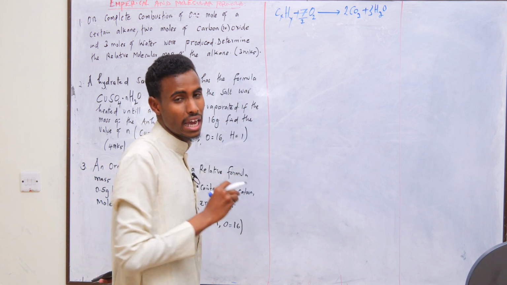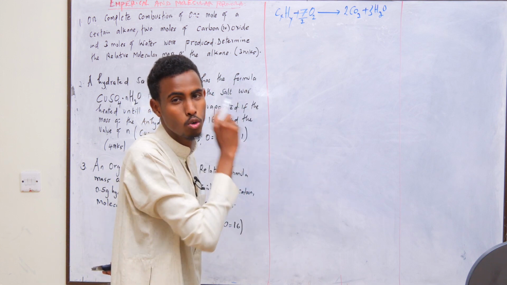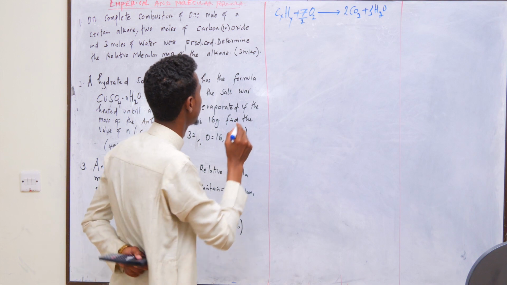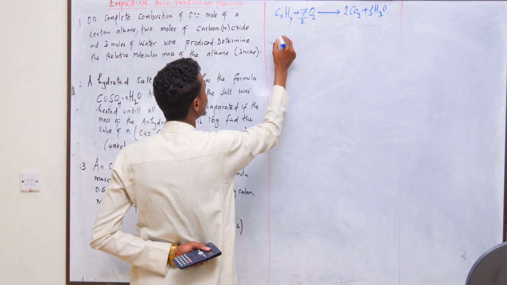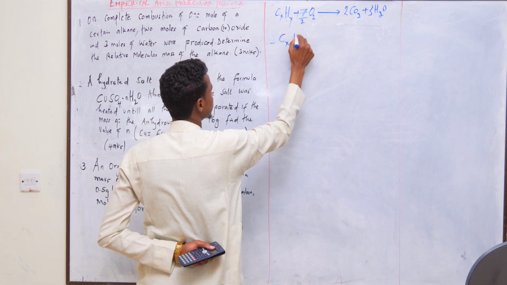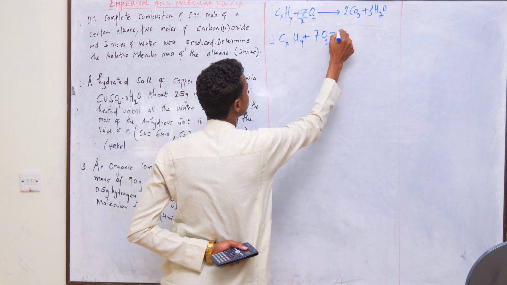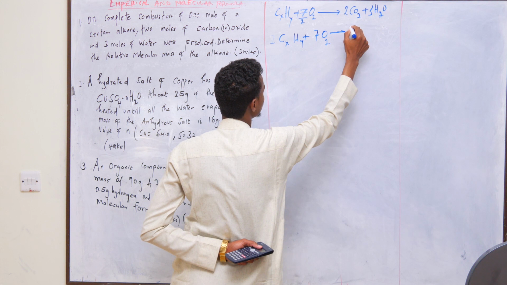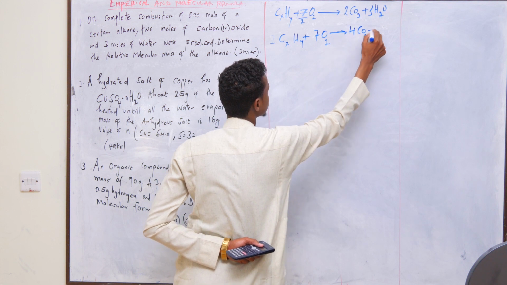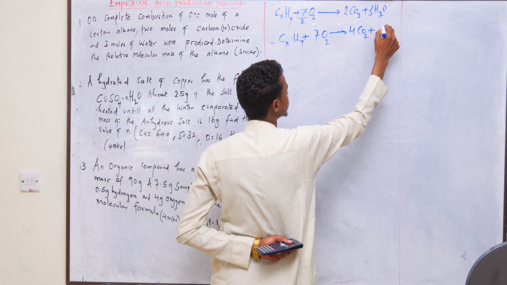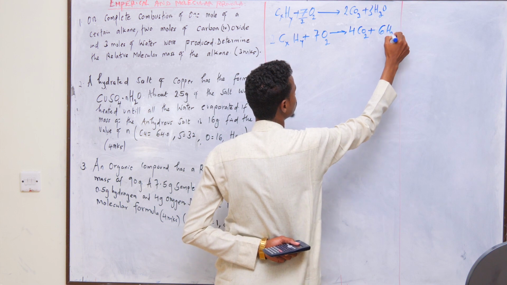It has a denominator, so multiply through by the denominator, which is 2. It will be 2CxHy plus 7 oxygen will form, 2 times 2, 4 carbon dioxide, plus 2 times 3, 6 molecules of water.